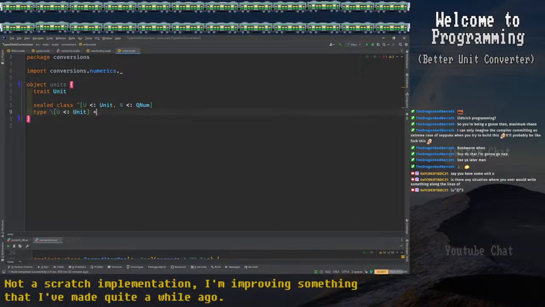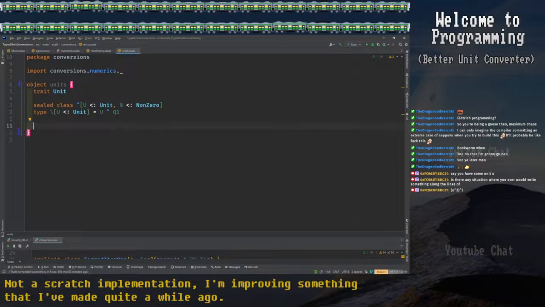So that's going to represent u to the power of q1. Yeah, there you go. Oh yeah, I also want this to be non-zero, because the centimeters to the power of 0 is basically just unitless.